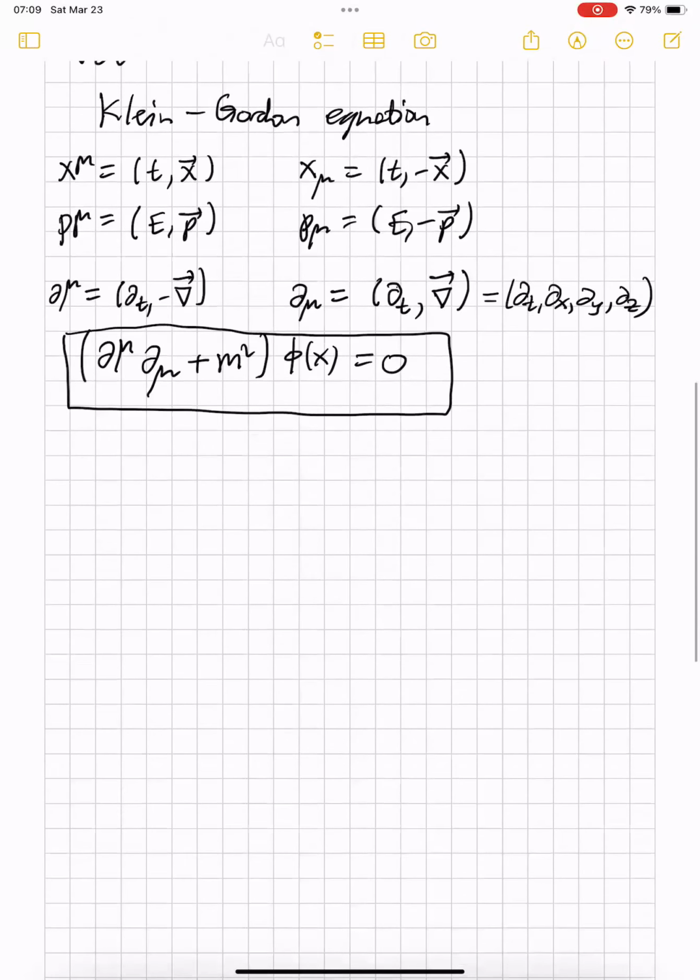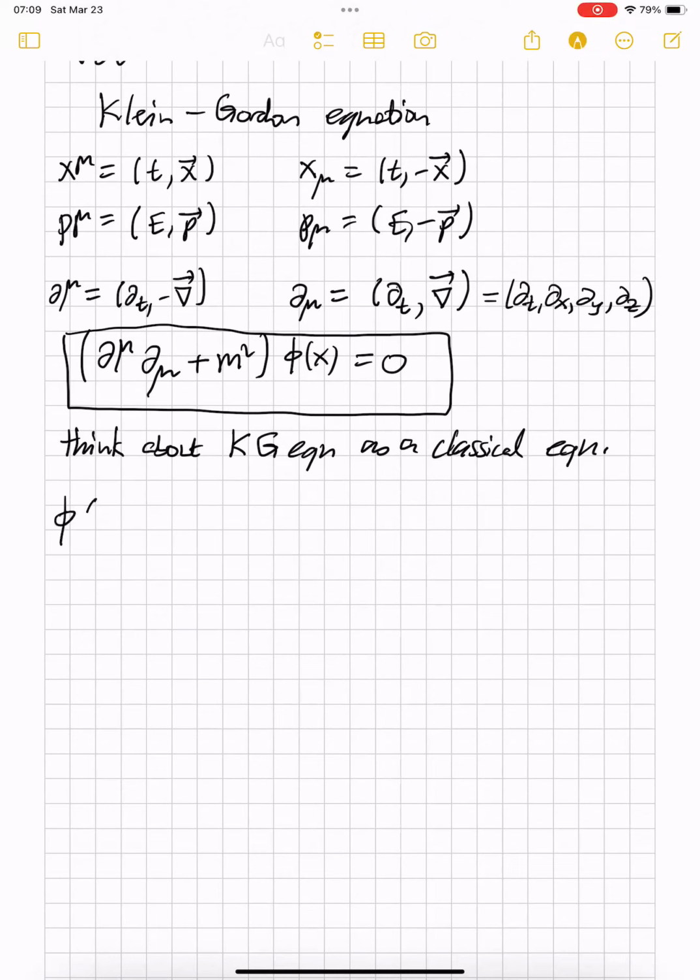Now, next, I want to make another comment. Let's think about the Klein-Gordon equation as a classical equation. If you wanted to solve it as a classical equation, this is what the general solution would look like.